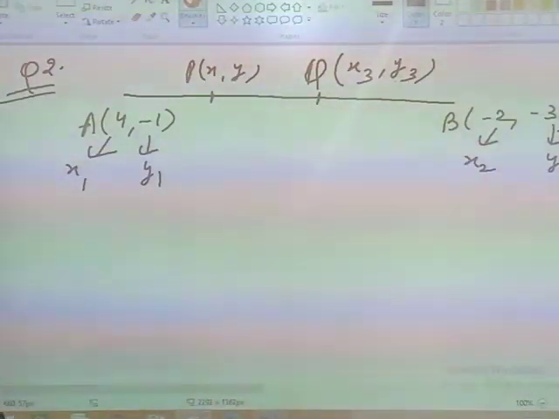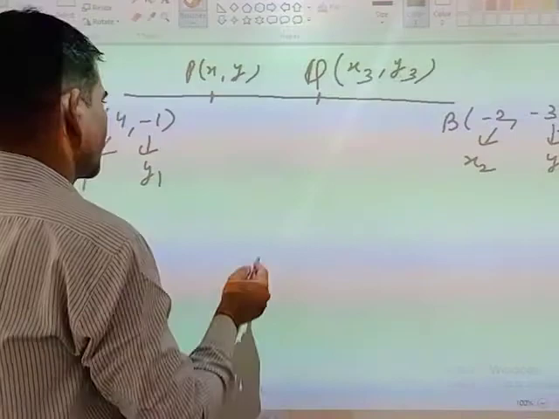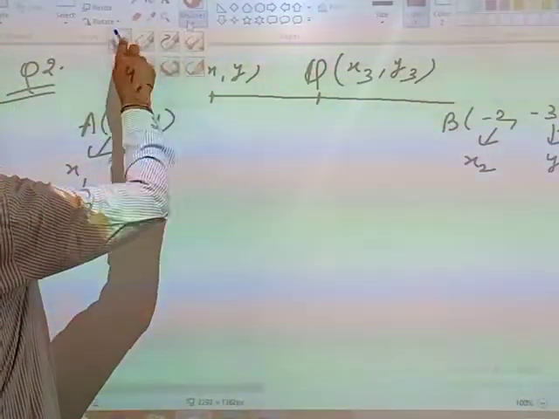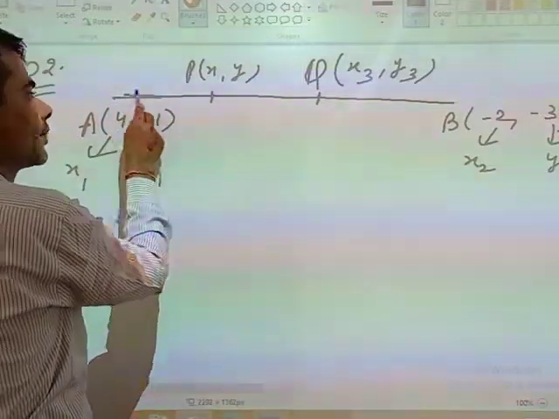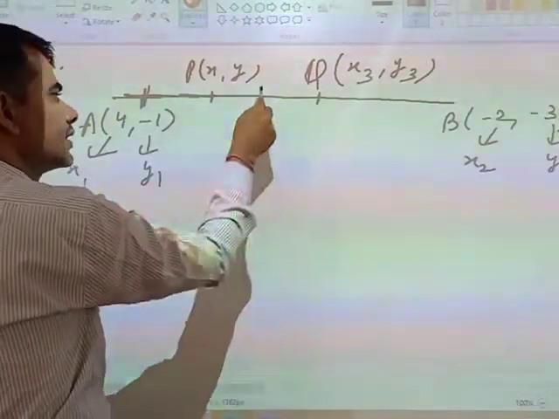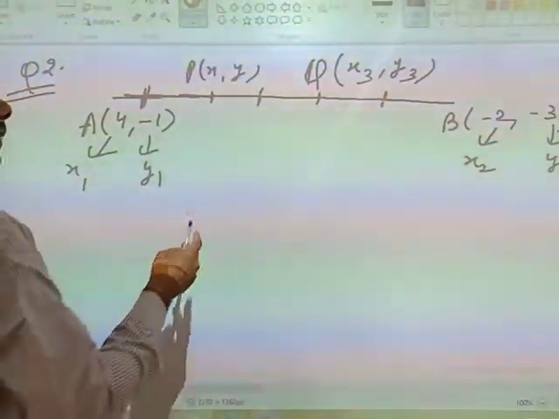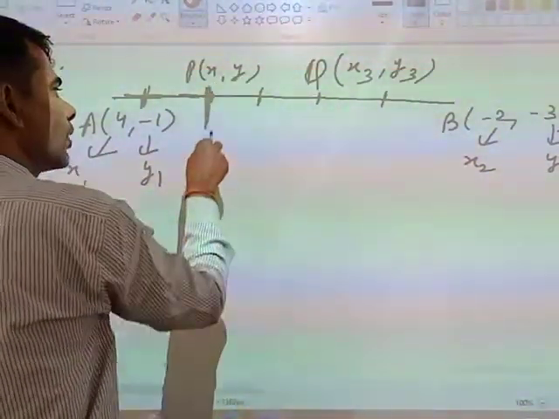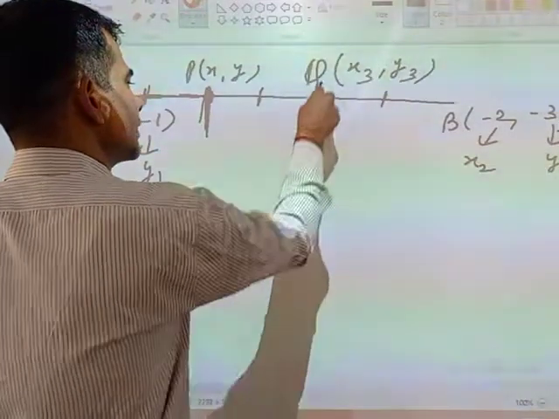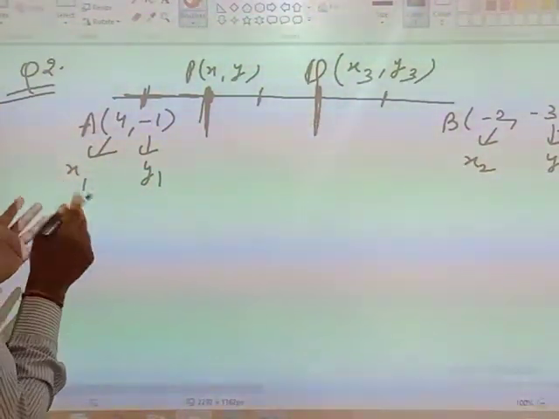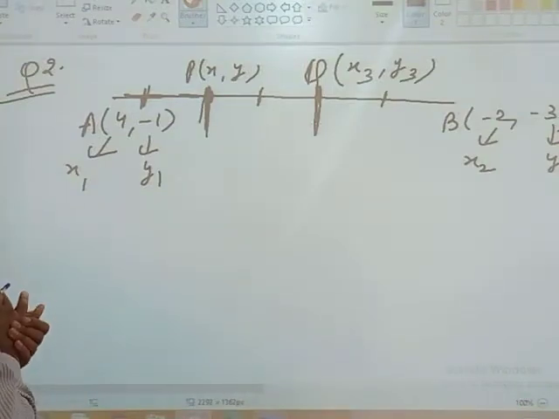1:2, sir. Look, 1:2. Listen. This portion is equal to this, and this to this, all are equal. Main point is this and main point is this. AP, PQ and QB are equal.